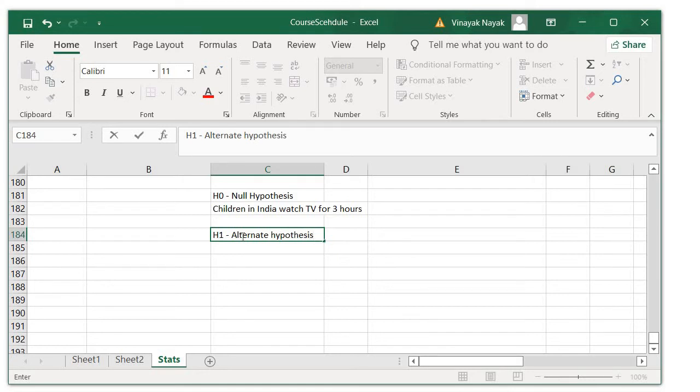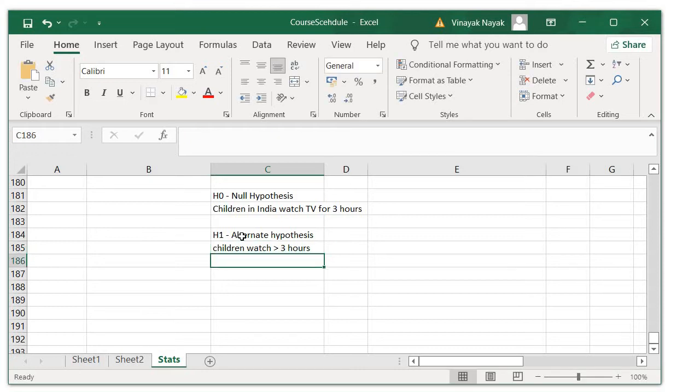In this case what we can write is the children watch more than 3 hours of TV. Second, we can write, children watch less than 3 hours of TV.